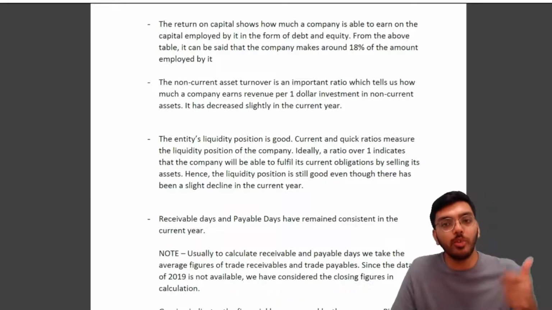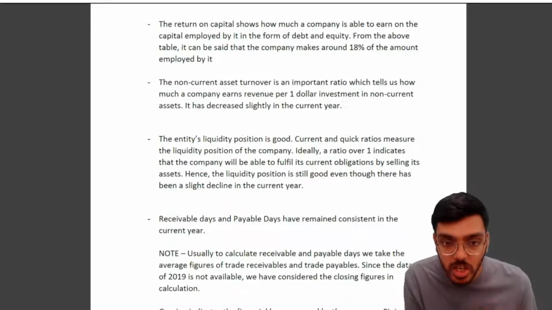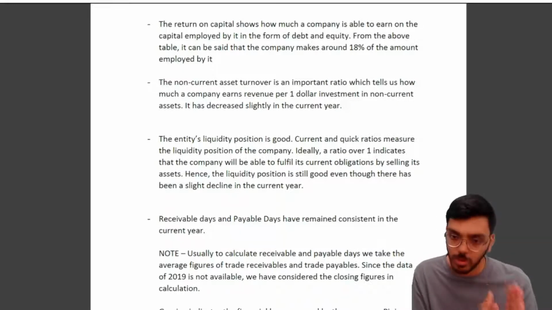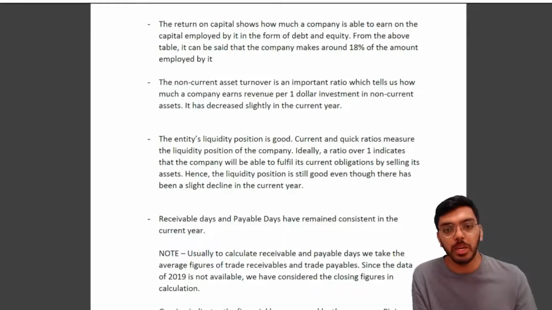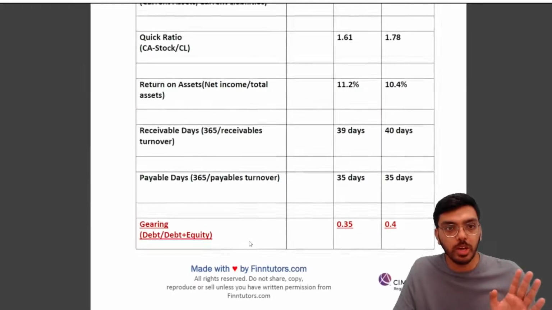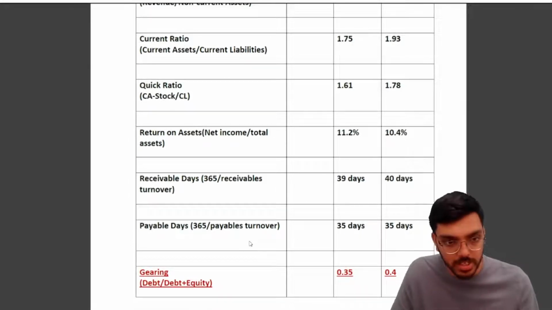Ideally, a ratio over 1 indicates that the company will be able to fulfill its current obligations by selling its assets. So you will be able to fulfill your current obligations. Hence, the liquidity position is still good, even though there has been a slight decline in this current year. So liquidity position, slight decline in this year, but still in a good place.